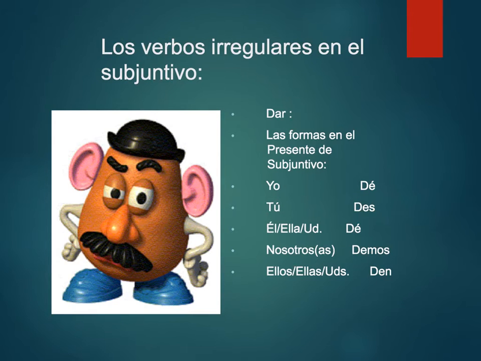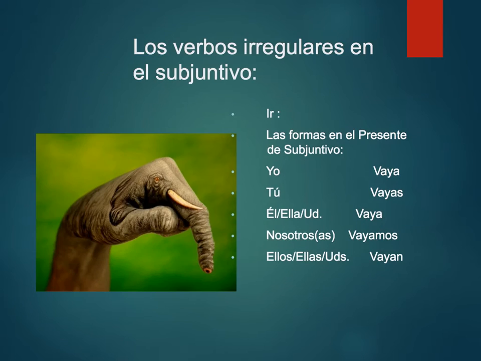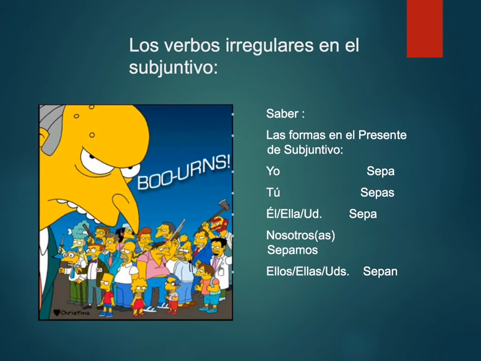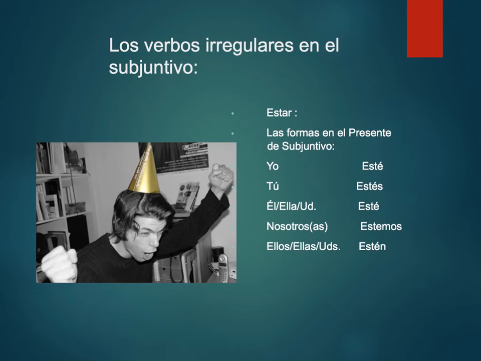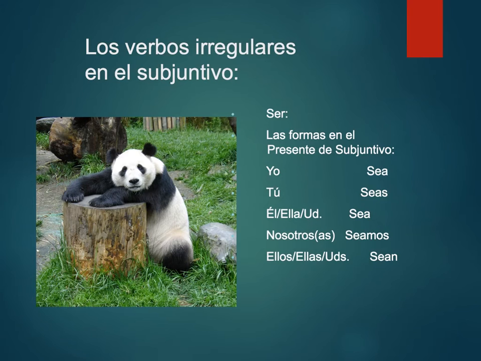Dar, here are your forms: dé, des, dé, demos, den. Ir: vaya, vayas, vaya, vayamos, vayan. Saber: sepa, sepas, sepa, sepamos, sepan. Haber: haya, hayas, haya, hayamos, hayan. Estar: esté, estés, esté, estemos, estén. Everything accented except for estemos. Ser: sea, seas, sea, seamos, and sean.